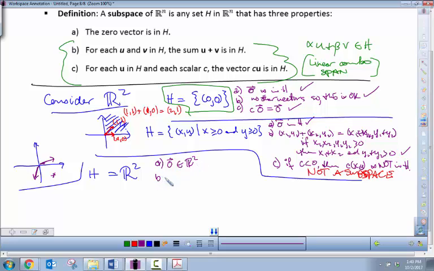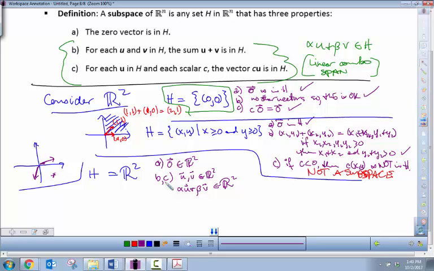And let's put B and C together. If you have any u, v in R2, then any linear combination of those vectors is also going to be in R2. And so that satisfies B and C conditions together.